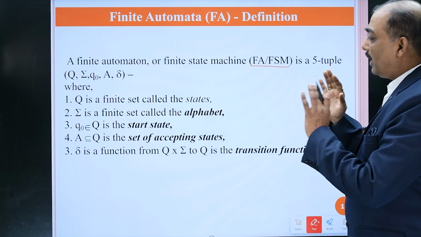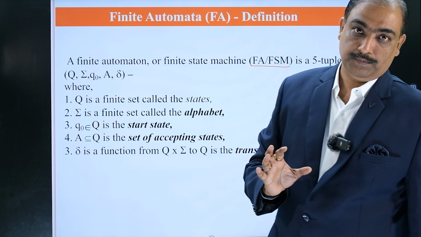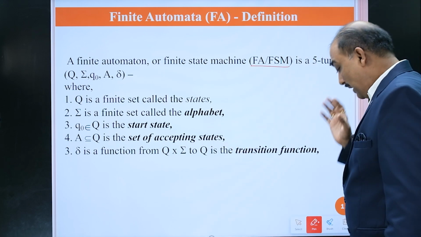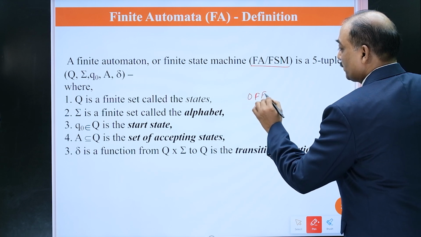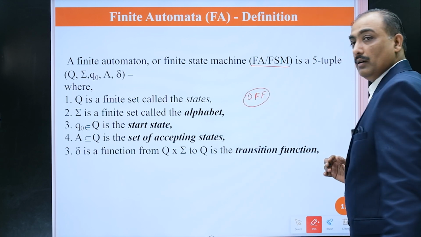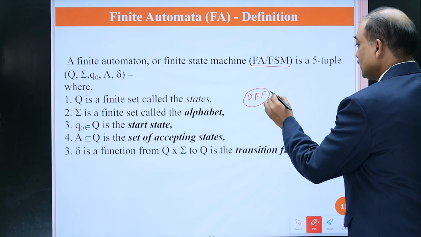To understand this in a better way, let me take one example of an electric switch. Imagine an electric switch in some state, we call it the off state. We'll apply some input on this. I call it push.